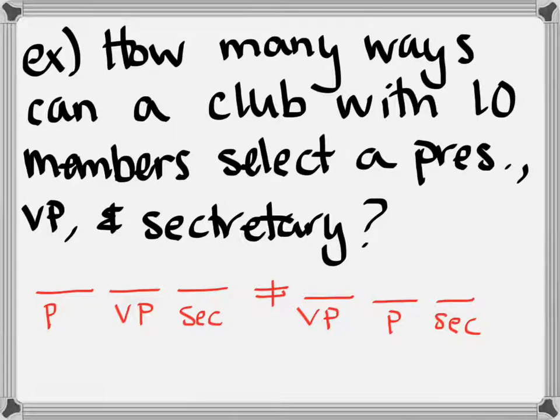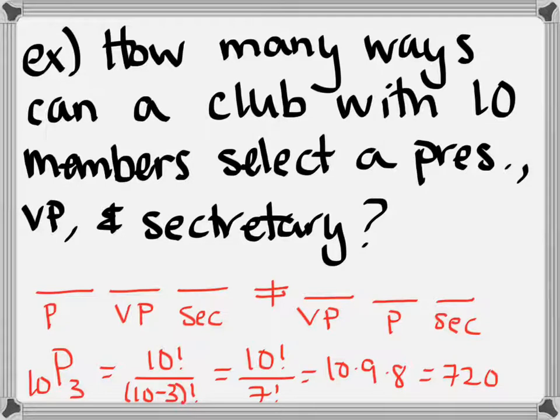However, we can actually use our formula for permutations because order matters. The first position is president, second is vice president, and the third is secretary. That would give us a different club if we change the order. So, recognizing that this is a permutation where we have 10 people and we're arranging 3 of them, this would be 10 factorial over 10 minus 3 factorial, also known as 10 factorial over 7 factorial.